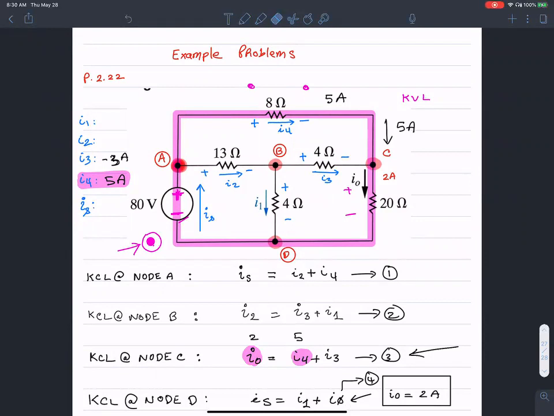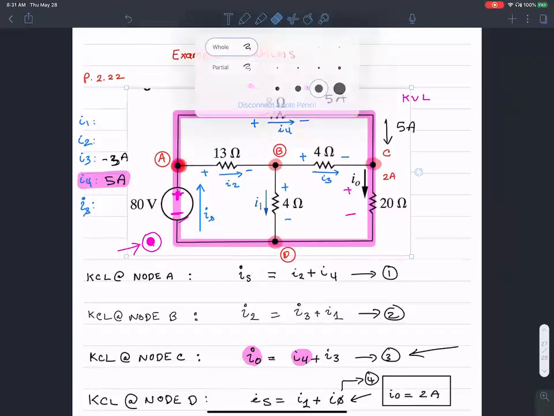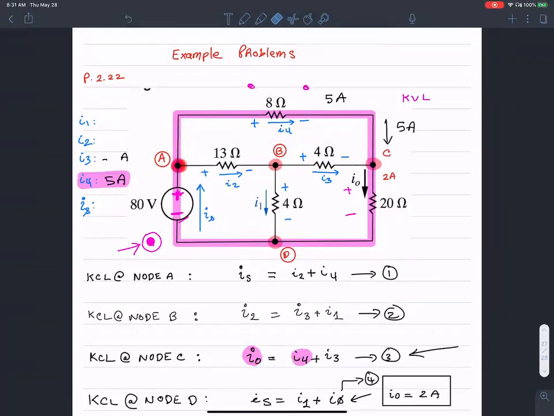Okay, this is 5, this is 2. So I3 should be -3. All right, I3 should be -3. Thank you. So now we are slowly getting each of these pieces of information. I3 is -3 amperes.